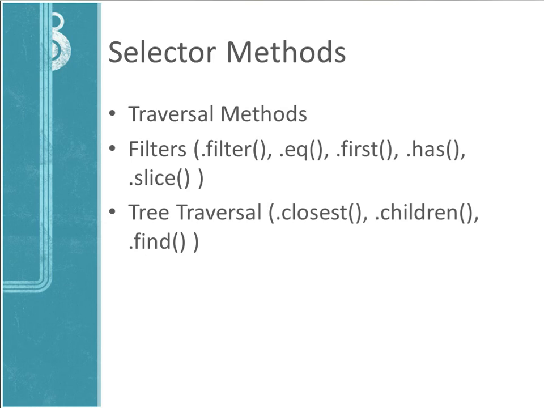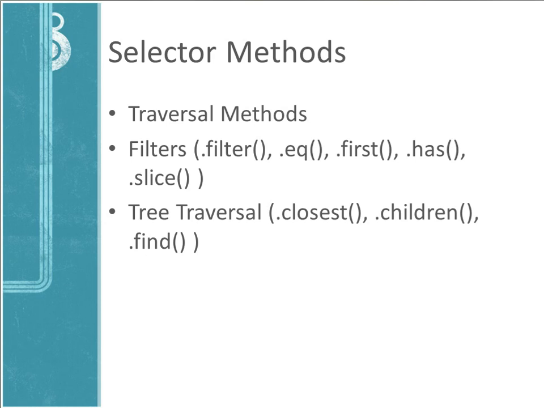So traversal methods is another name for this. And we have filters and tree traversal methods. The filter methods look a little bit like .filter, .eq, .first, .has, and .slice. Slice is pretty interesting. We're going to take a look at that one. It's an oft forgotten filter.